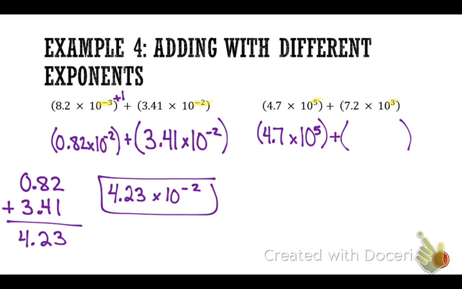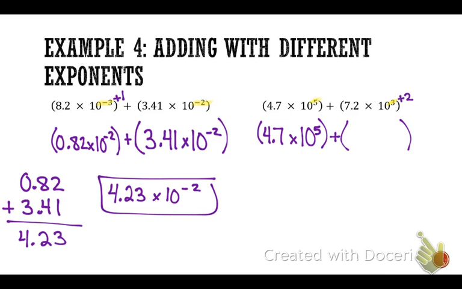How many is it, Faith? 3 plus what equals 5? 3 plus 2. So I need to add 2 to my smaller exponent to make it equal to 5. Do you see that? So however many I increase my exponent by, what's happening to my decimal?